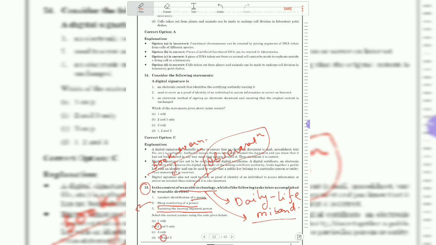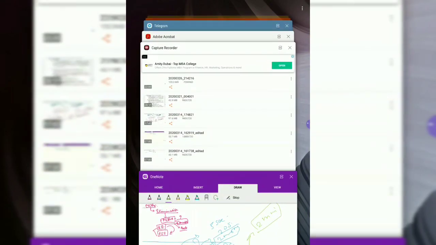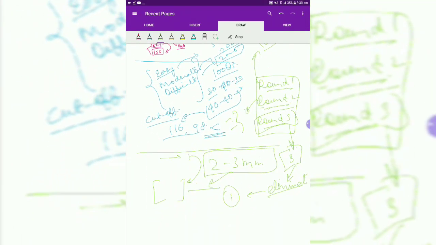Location identification of a person, obviously in a wearable device, if any GPS is there or if it is connected to your phone, you can easily locate the person. Simple, right? Hearing impaired person, this is again correct, because wearable means anything which you wear, any electronic gadgets, right? So ending this, and I have also talked about basic elimination techniques.